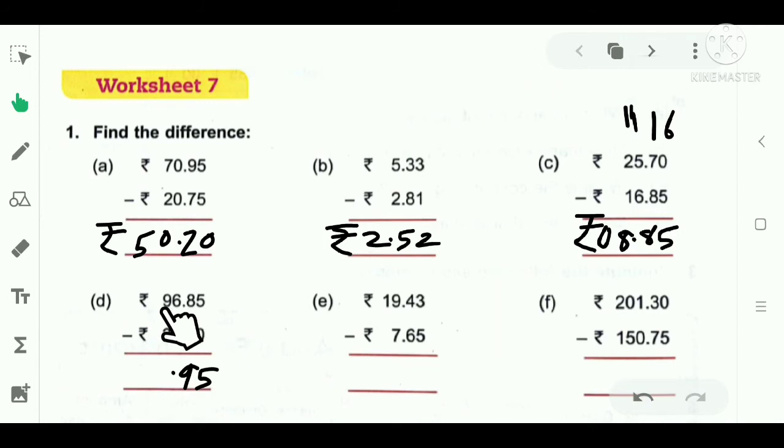So take borrow from 9. So it becomes 15. 15 minus 6 is 9. Then here 8 left. So 8 minus 3 is 5. So rupees 59 and 95 paise is the correct answer.